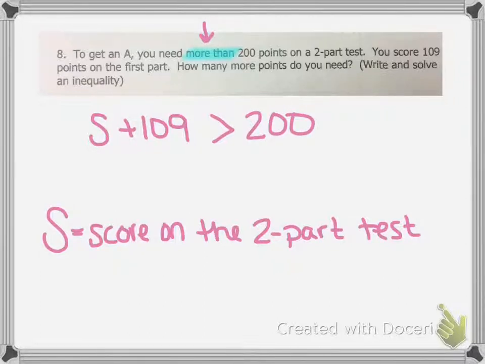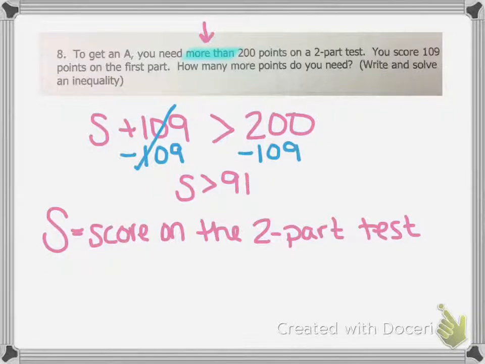So to solve this inequality, S plus 109, we would subtract 109 from each side. On the left-hand side, that cancels out, and we're just left with S is greater than 200 minus 109 would be 91.